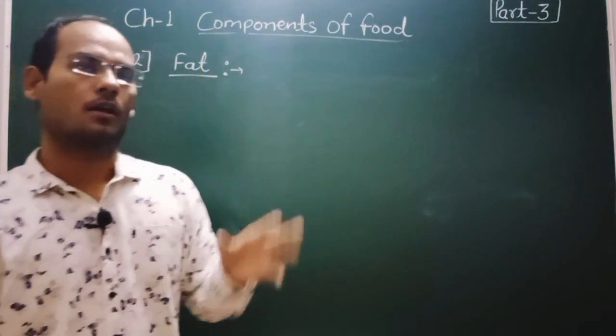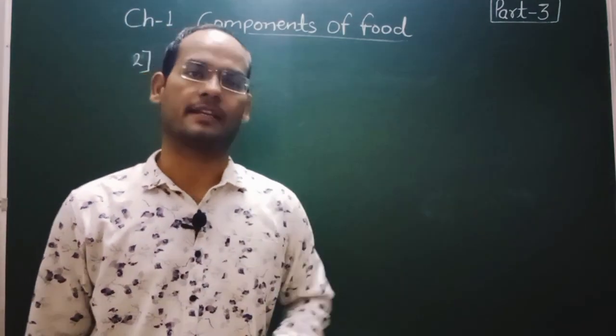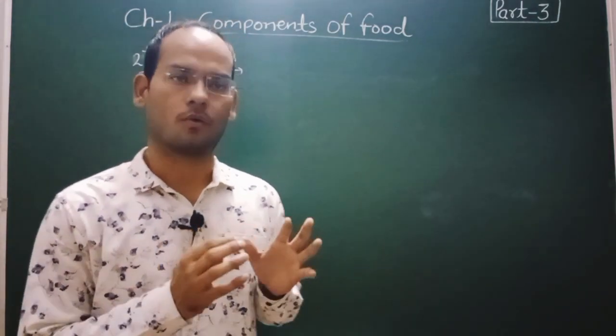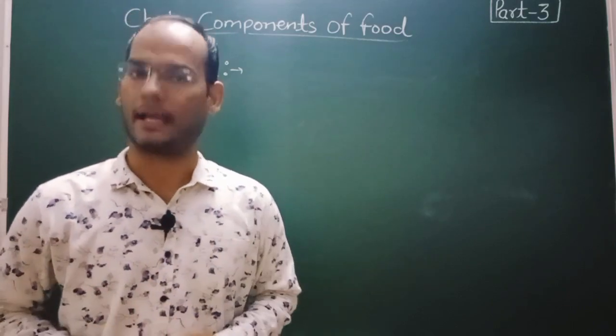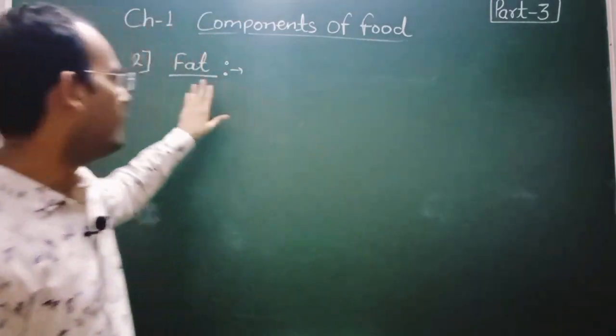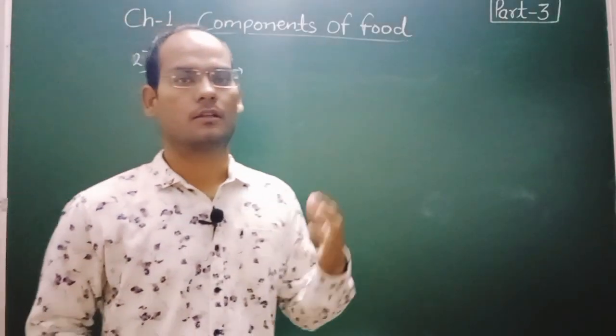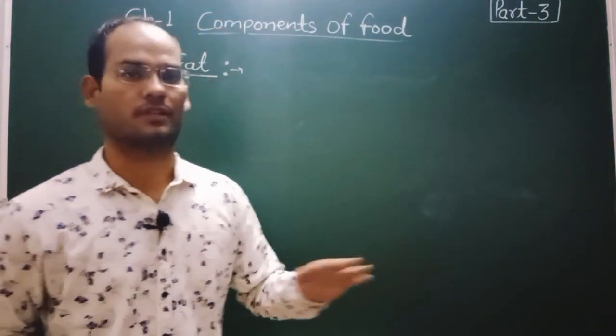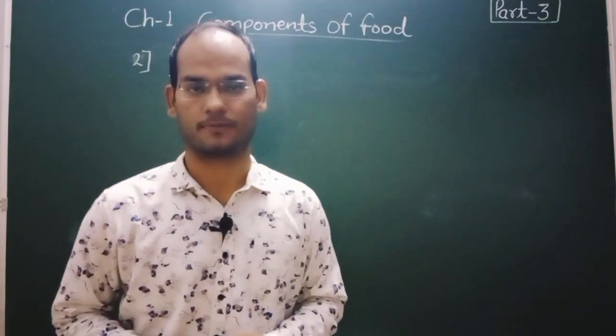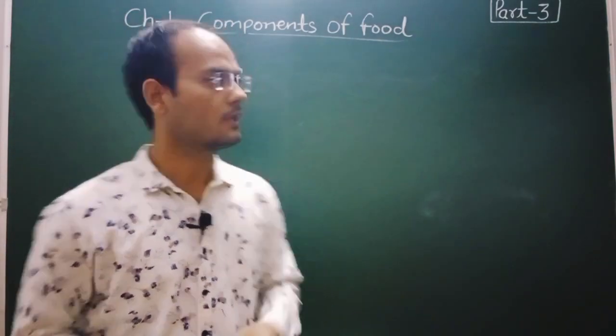But carbohydrate gives us energy instantly, so we can say carbohydrate is the primary source of energy. And fat gives us 2 times more energy than carbohydrate, but gradually. It means a slow process. Clear?